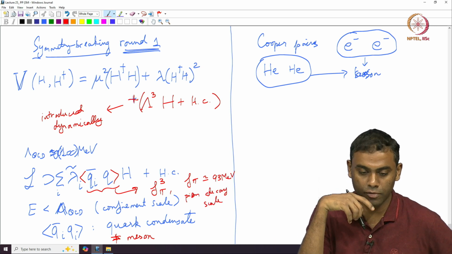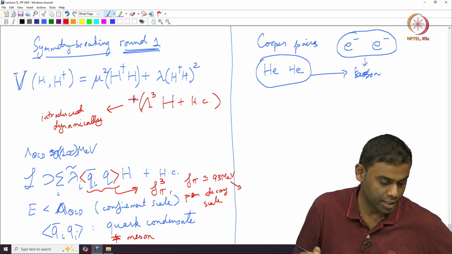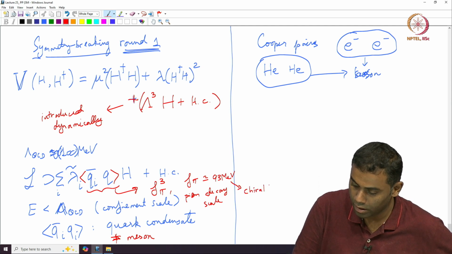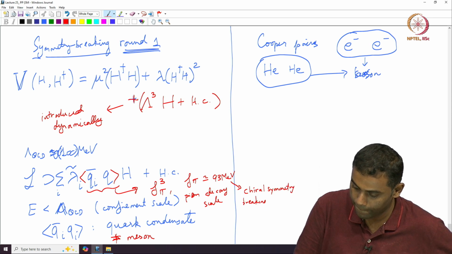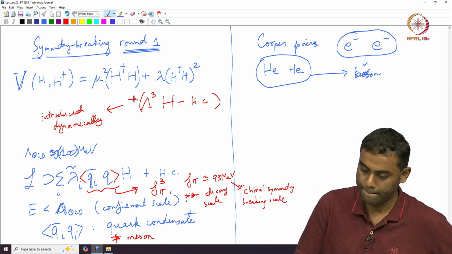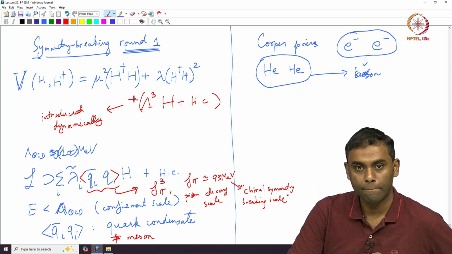So, better to think of this as, the name that I like is, the chiral symmetry breaking scale, okay. Why is that?